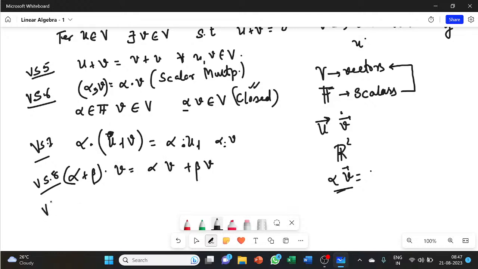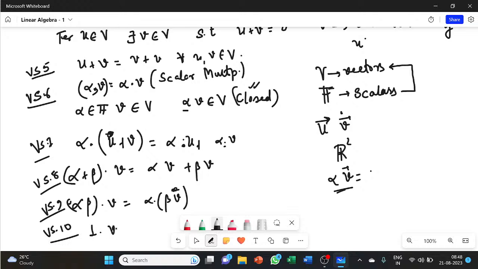The ninth property is alpha beta v equals alpha times beta v. And the 10th property is the existence of the unity element. If I take the unity element 1 times the v vector, it will give me simply the v vector.